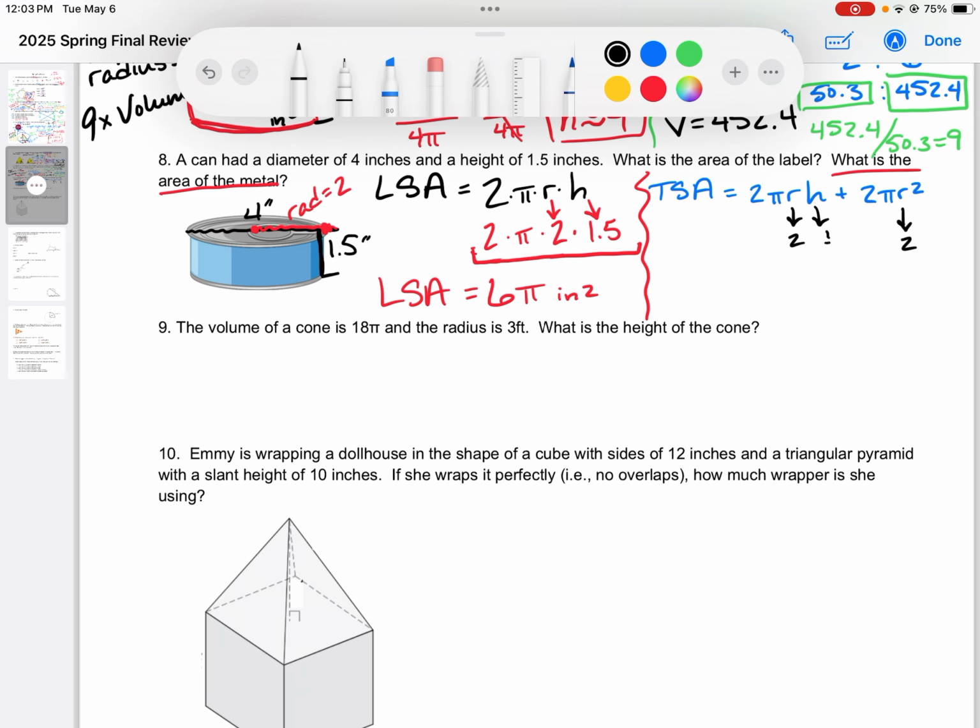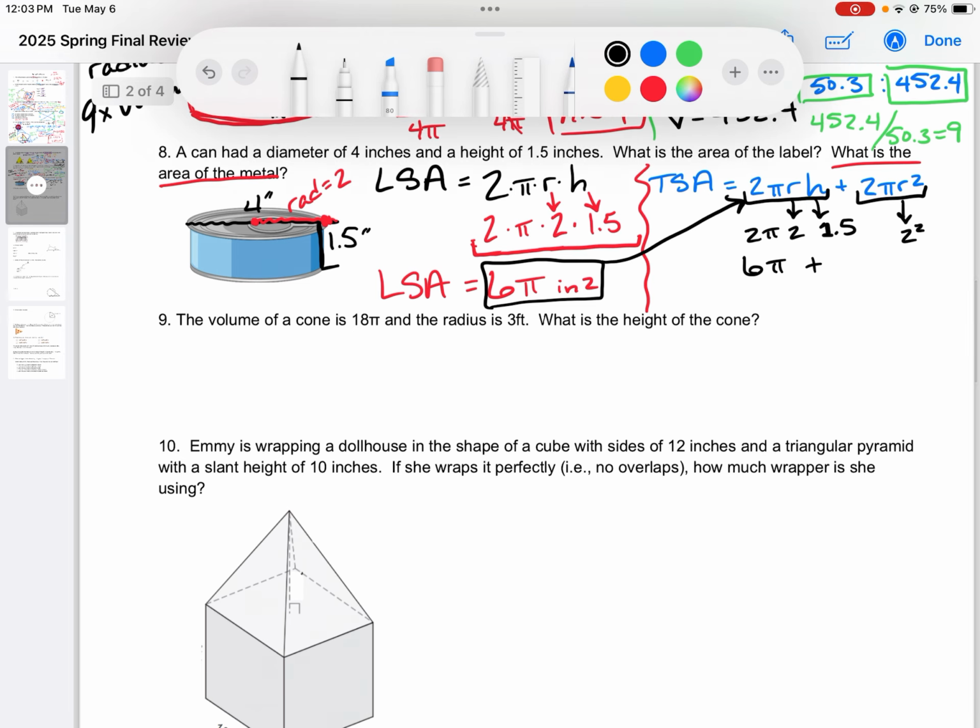The radius is 2, height is 1.5, and we actually already got this portion of the equation done. So it's going to be 6 pi, and then we're going to be adding whatever this second half is.